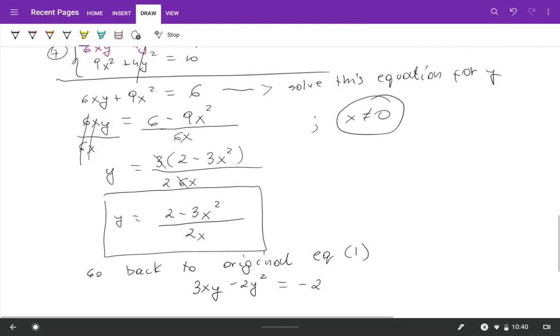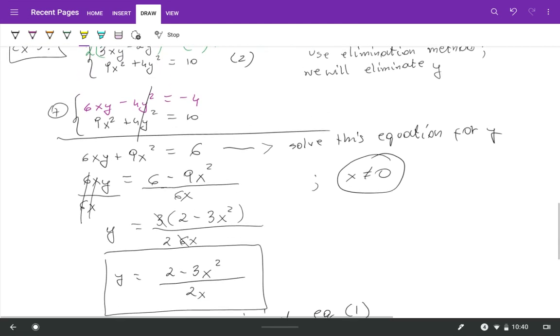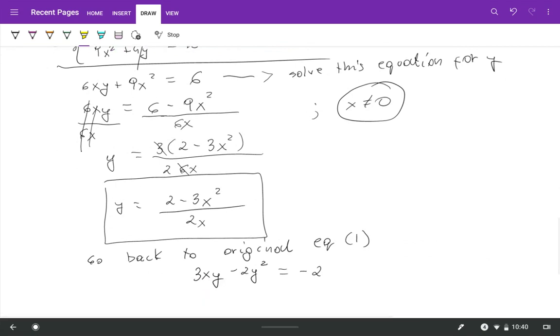Let me see. I need to do that twice. You know what, guys? I will go back to original. Just trying to see what will be better for you. I will go back to original equation 2. So we will have to do that substitution only once.